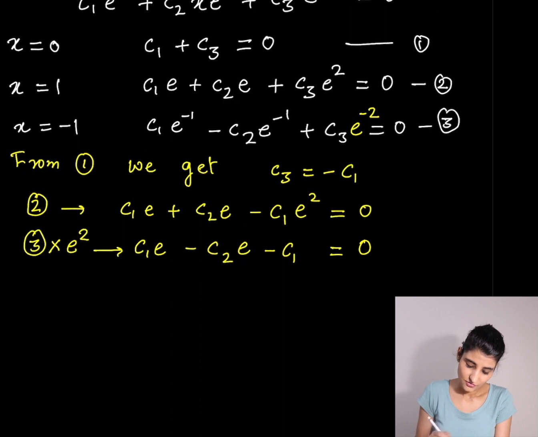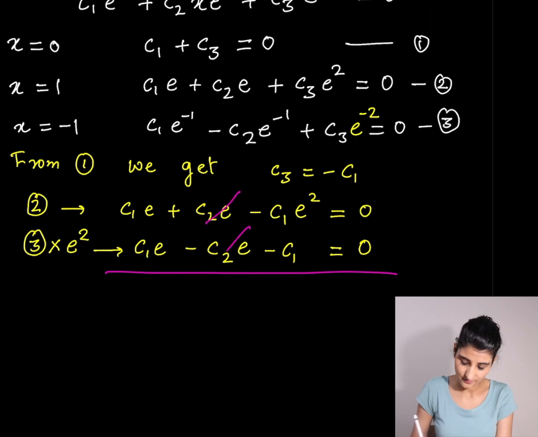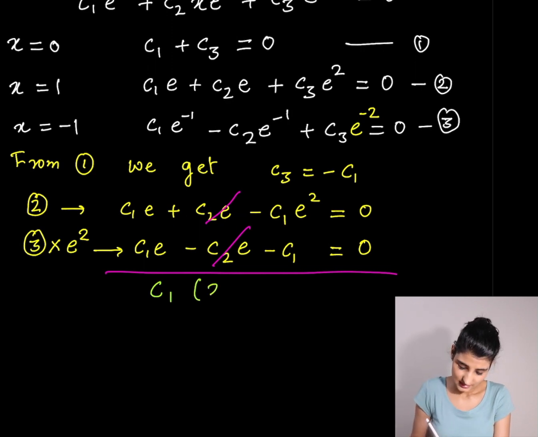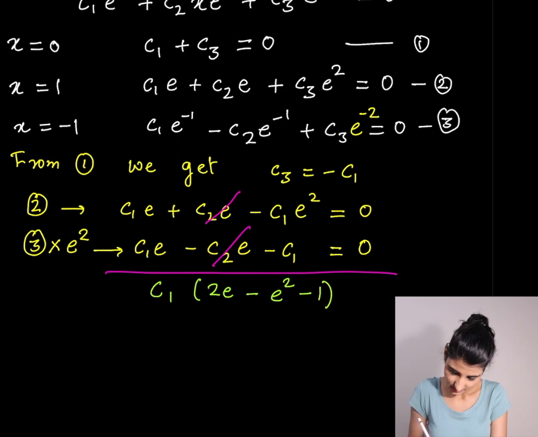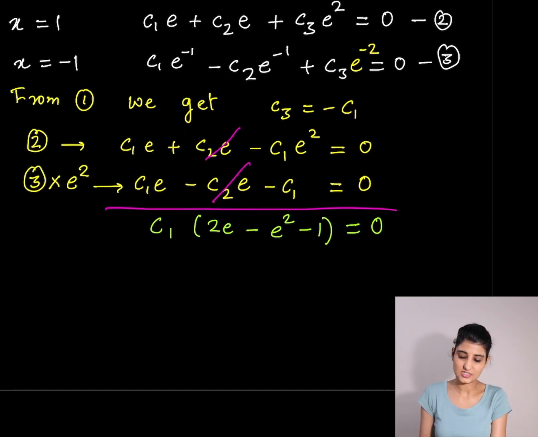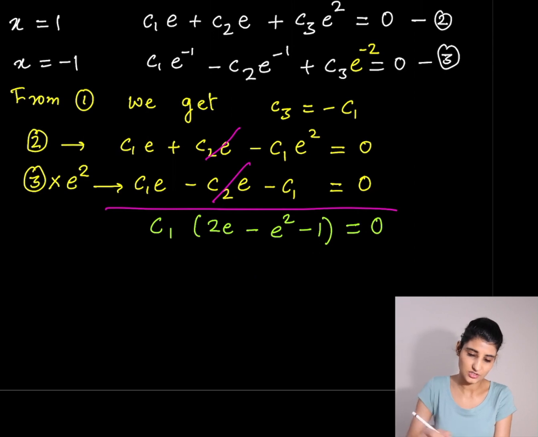Okay. If we add these last two equations, c2 e will cancel out, and what we will get is c1 times (2e minus e square minus 1) equal to 0. This is what we will get. Okay, and this is a constant number, and you can check this is not equal to 0.